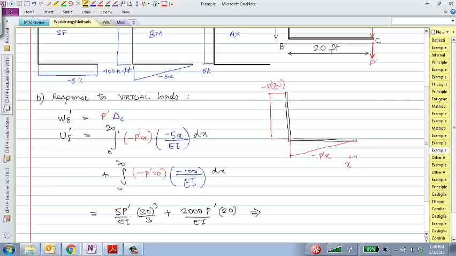And I think if you equate WE prime to UI prime, you should get delta C as the same thing that we got for the quiz. Oh, not -4, +4.